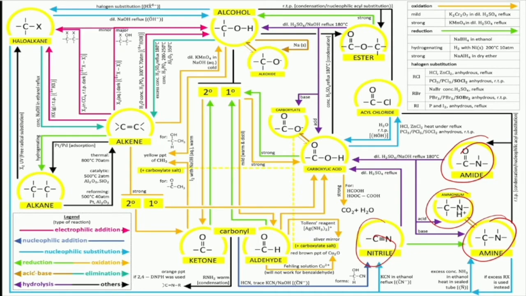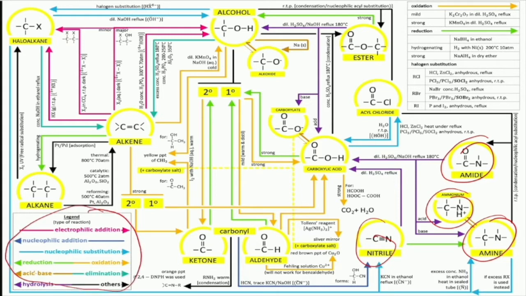I'd recommend supplementing this with the video that we made on amines, amides, and nitriles, because that's also a good video going over the ins and outs of all the reactions. However, if you just want a brief high yield understanding, I'd recommend memorizing at least that bottom right corner of the map. Another good thing that this map is good for is the legend down the bottom.